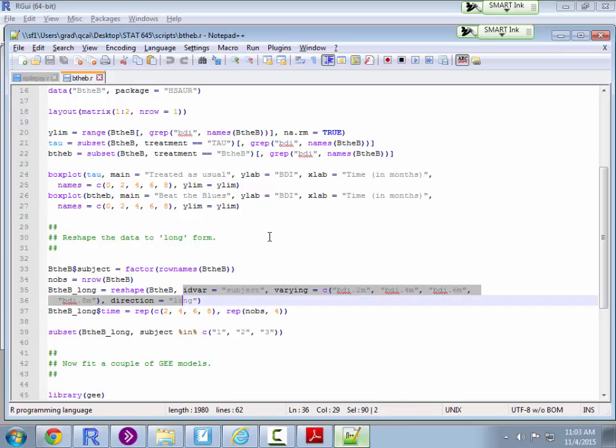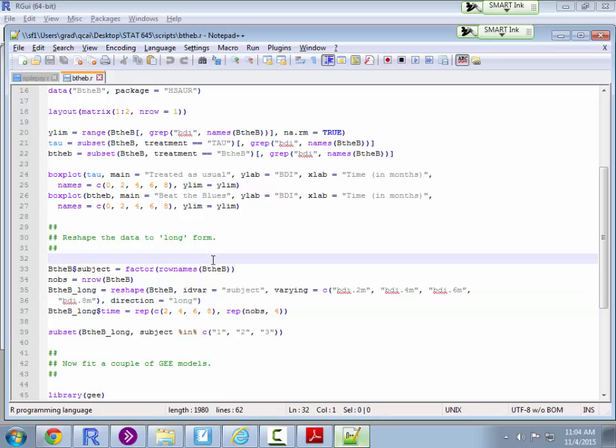Best way to learn how to use the arguments is by example. If you look at the help file for reshape, it's I think a little bit hard to figure out what you're supposed to do with those arguments. But in the Q&A and also in the solutions to homework 6, I showed examples of going both ways, from wide to long with the orthodont data, and then from long to wide with the orthodont data. So you can mimic that code.